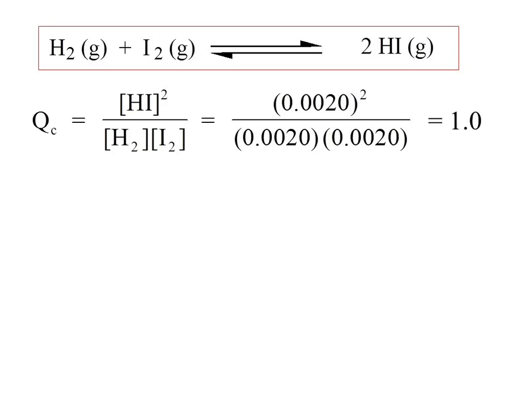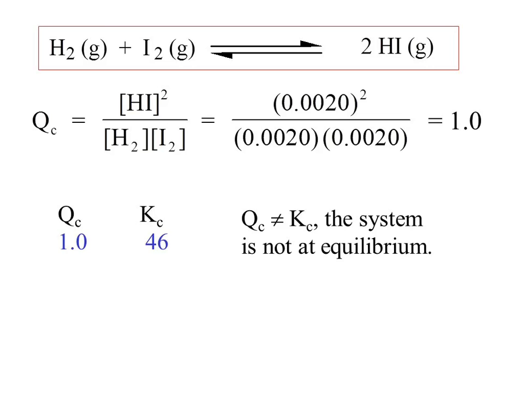So our snapshot is 1. Remember we said that these are unitless. Actually, with 2 sig figs, it's 1.0. That's our snapshot. Remember, 46 was our Kc. So of course, 1 is less than 46.